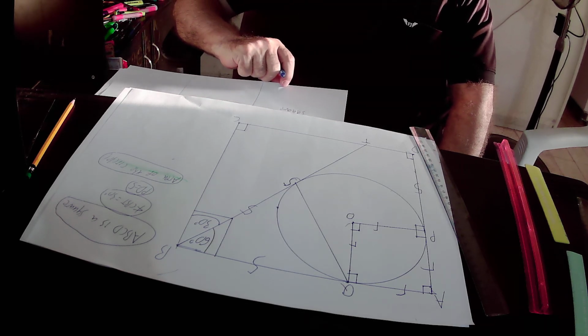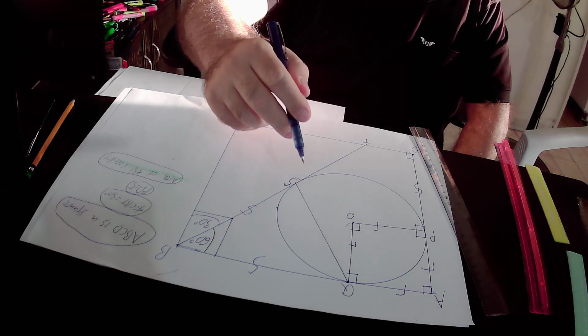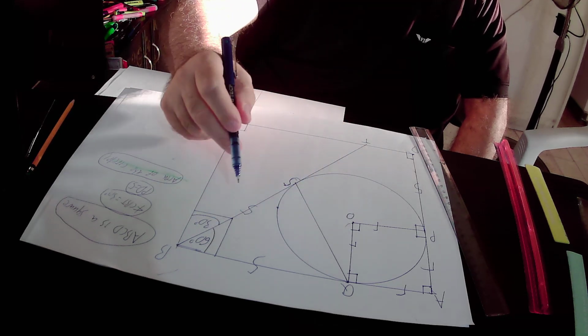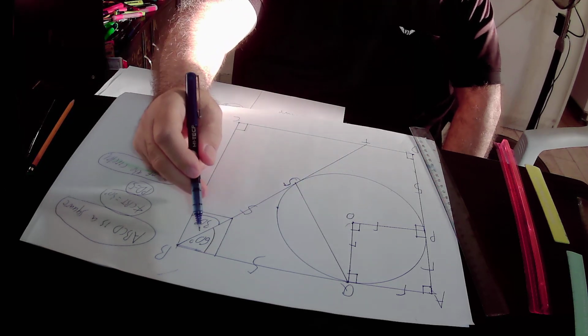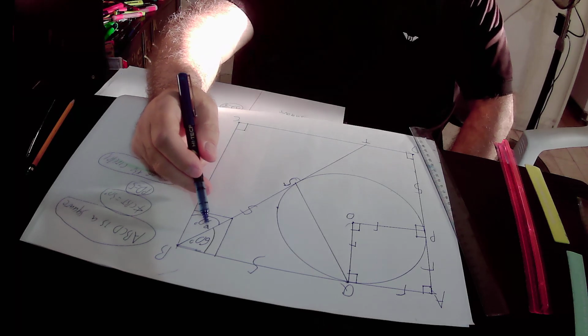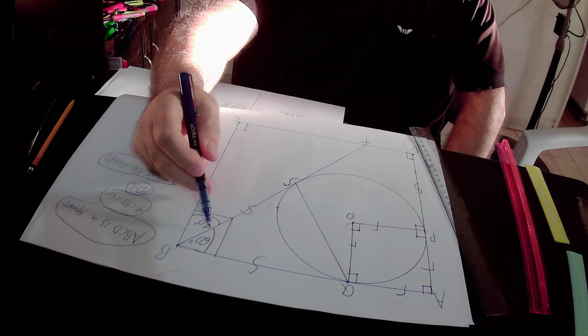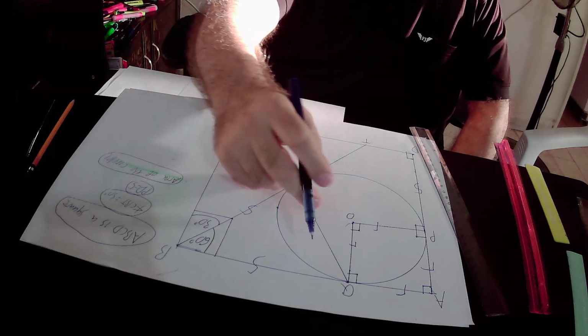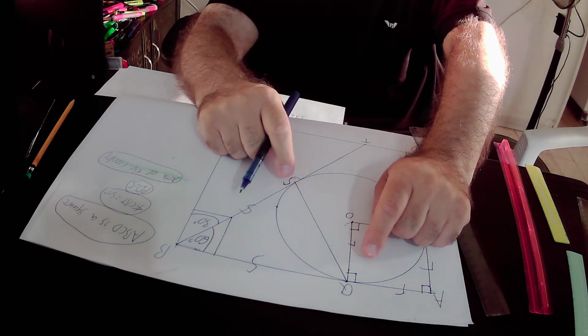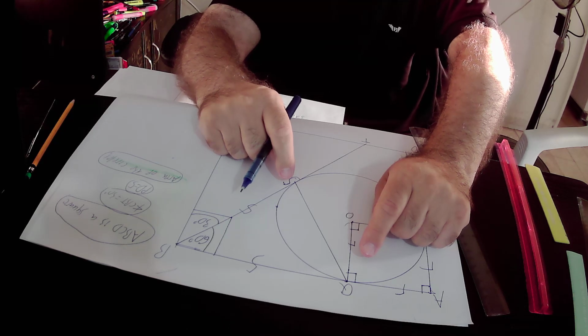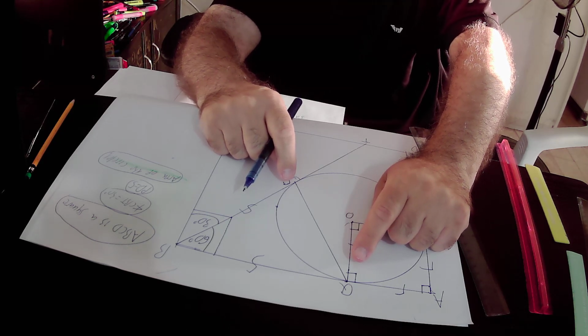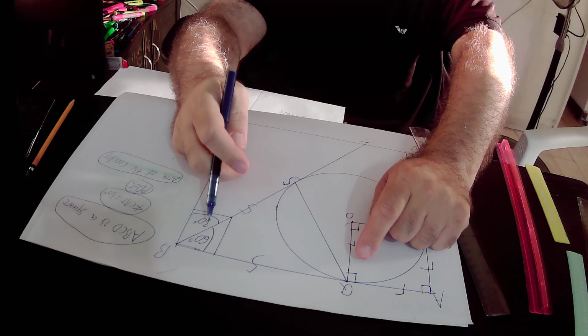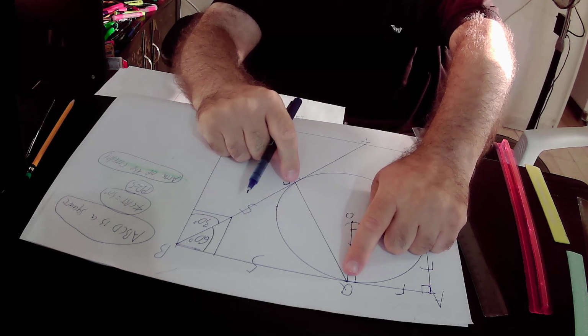So we'll focus on triangle QBS. In triangle QBS, this angle equals 60 degrees. Therefore, the sum of those two angles must be equal to 180 degrees minus 60 degrees, that is 120 degrees.